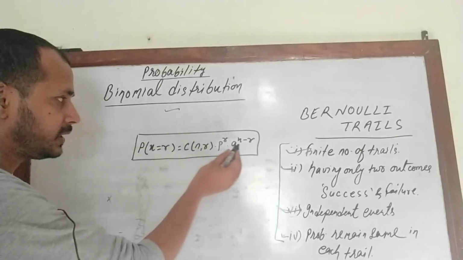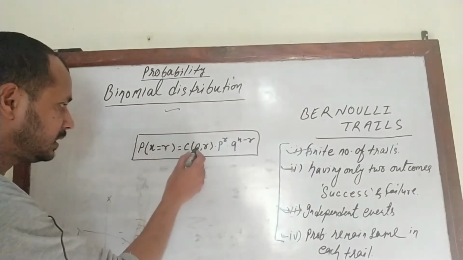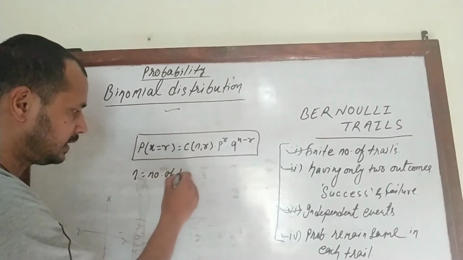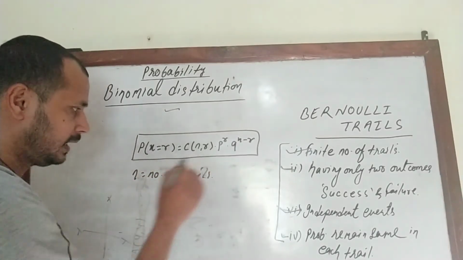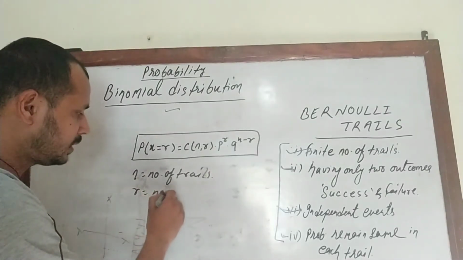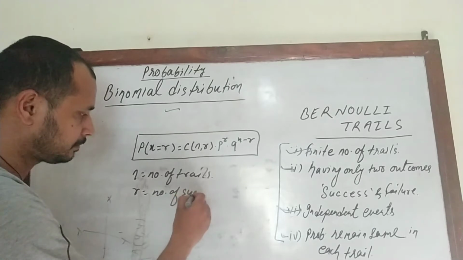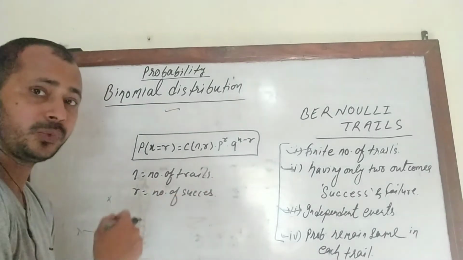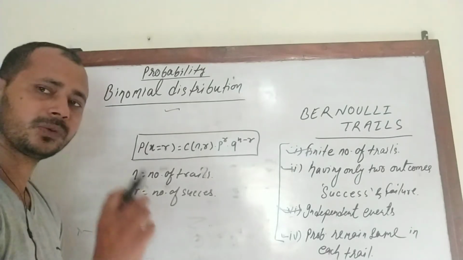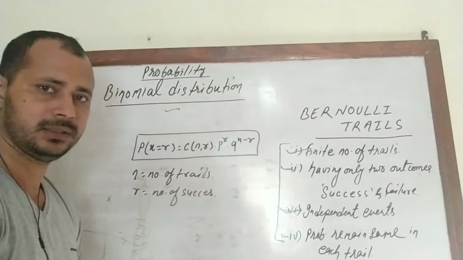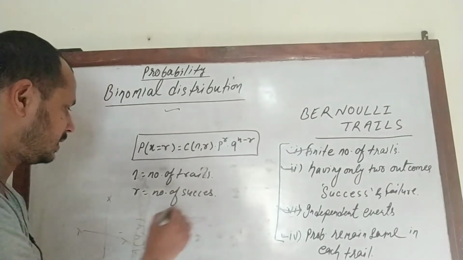Now what do the letters denote? Here n stands for the number of trials. And r stands for the number of successful outcomes, whatever we need. Like if a coin is tossed 10 times and we need head 4 times, then 4 is the number of successes.